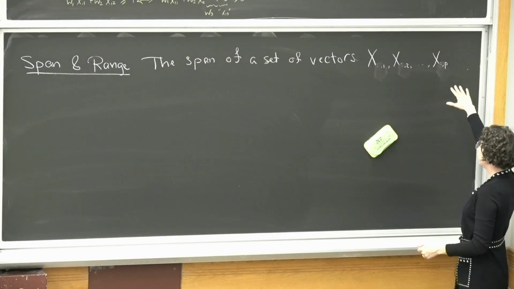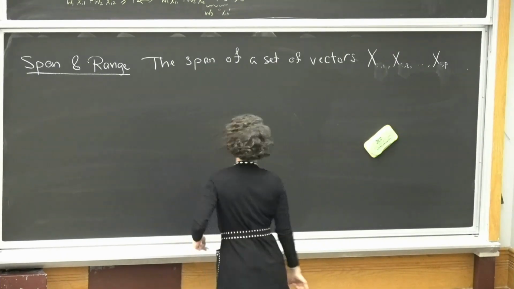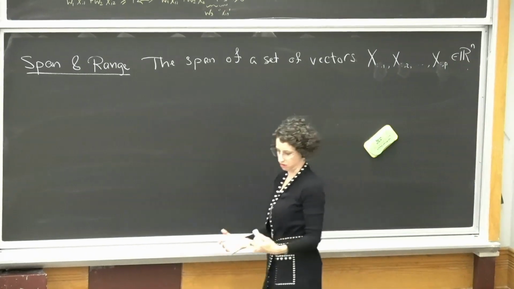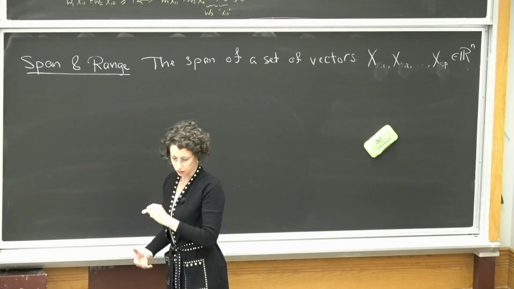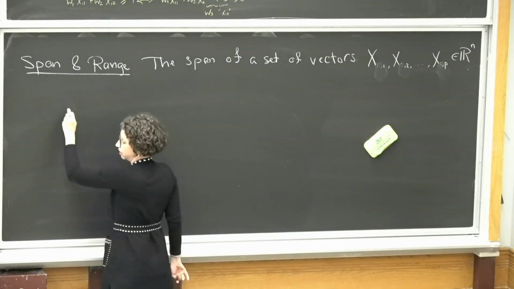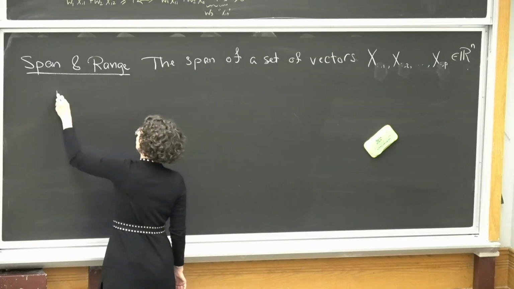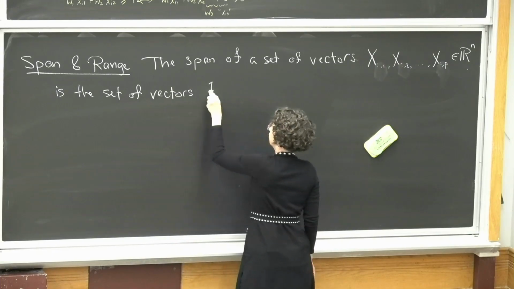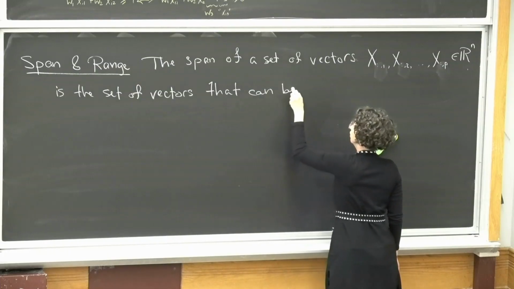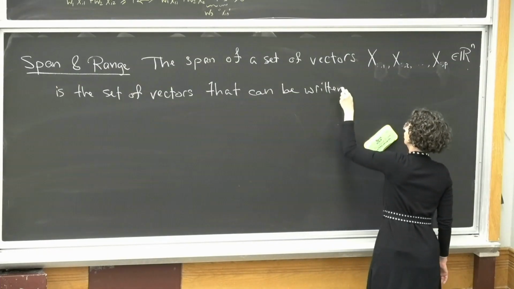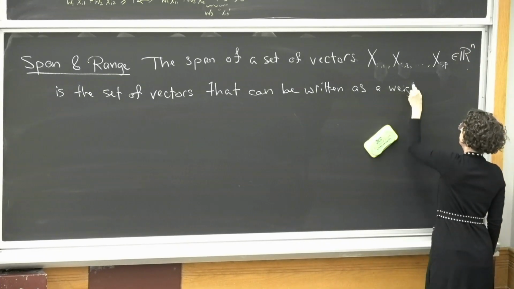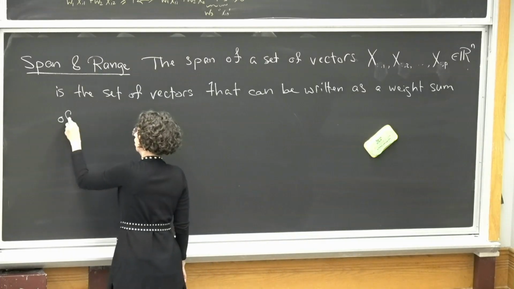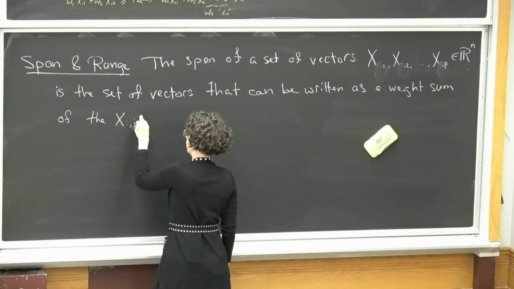But in general, if I've got a set of P different vectors, all of them in Rn, so they're all vectors of real numbers with n different elements, the span is the set of vectors that can be written as a weighted sum of my P original vectors, the X colon J's.